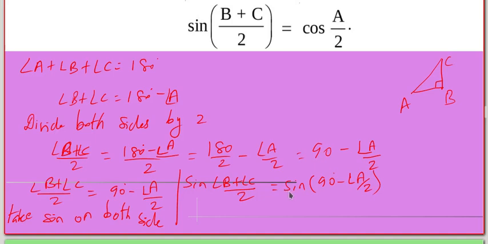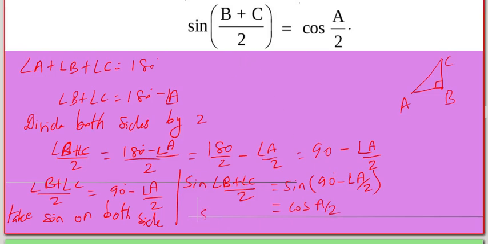Taking 90 minus theta as the angle, sine of 90 minus theta is cos theta. So we can write cos of A by 2. So sine of (B plus C) by 2 equals cos of A by 2.